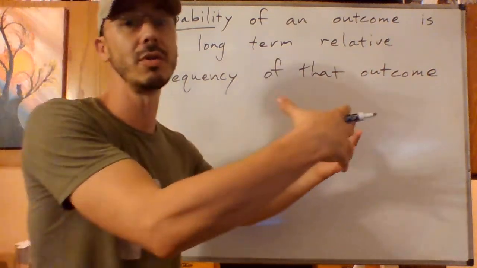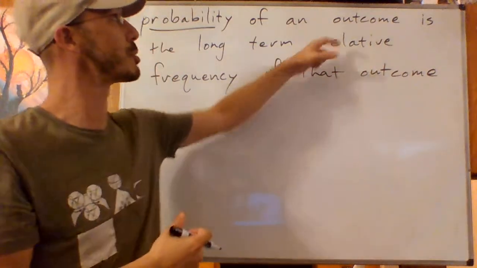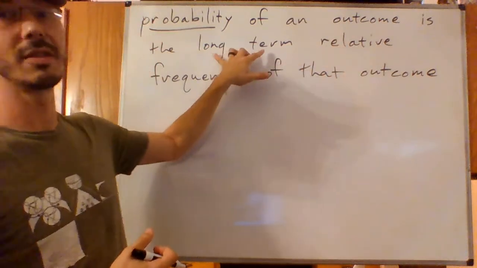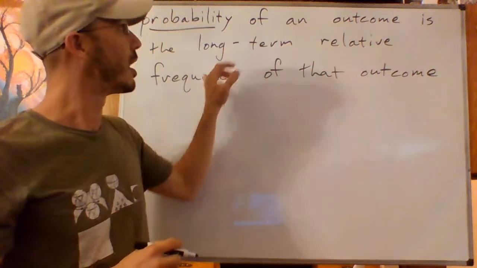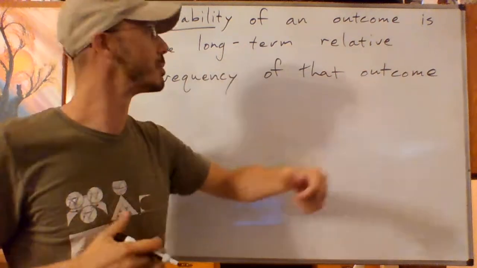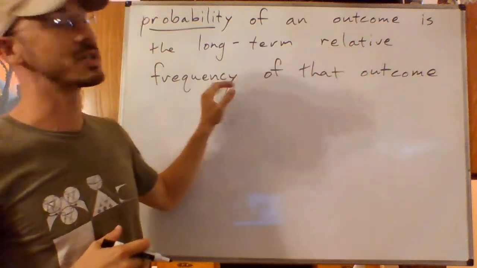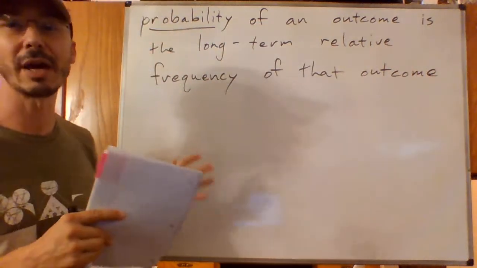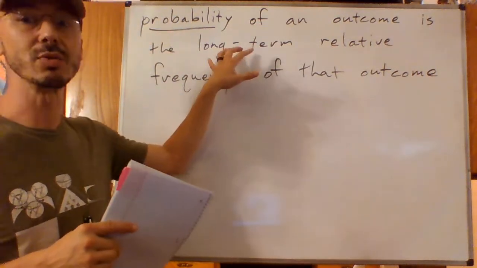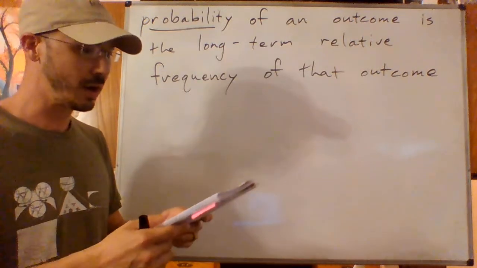And the more times you do the experiment and measure the outcome, the closer you get to the long term relative frequency, that's the probability. We're going to use more mathematics and reasoning than actually doing experiments over and over.